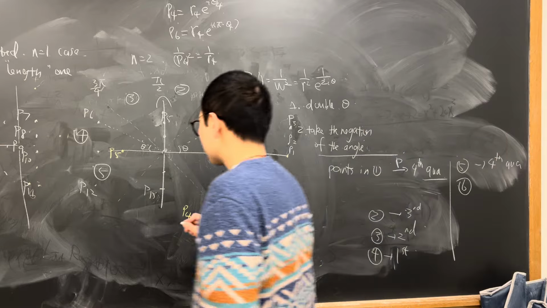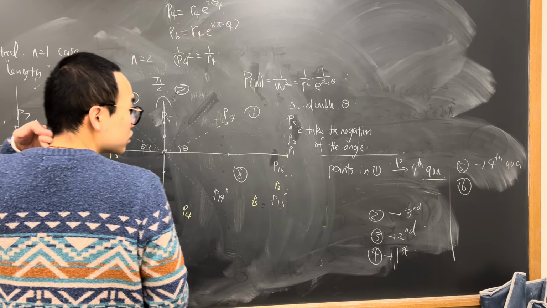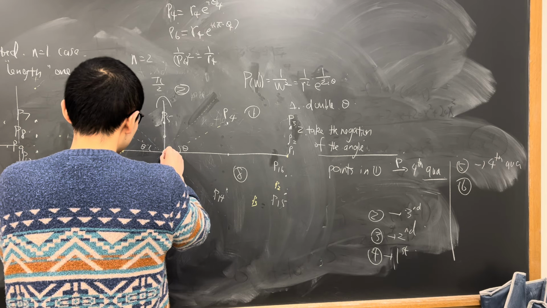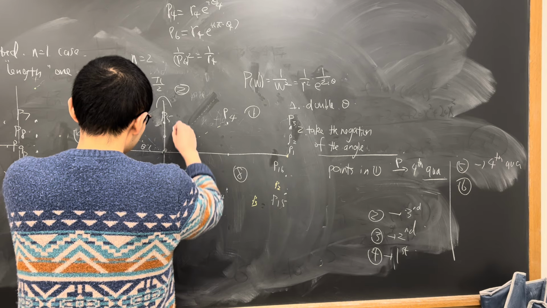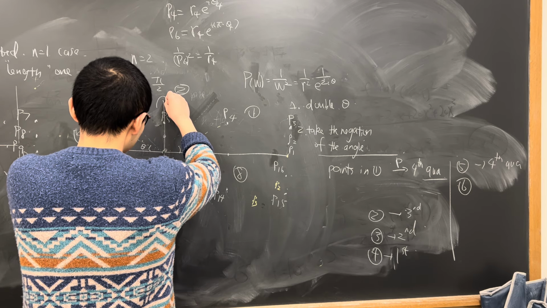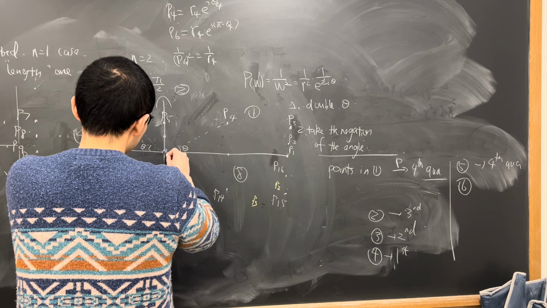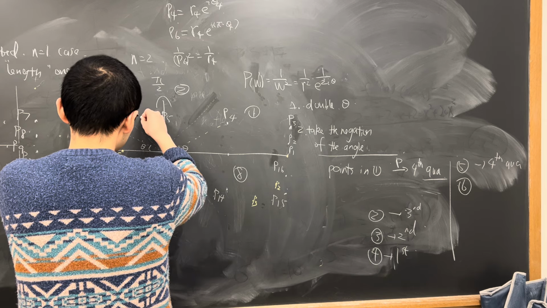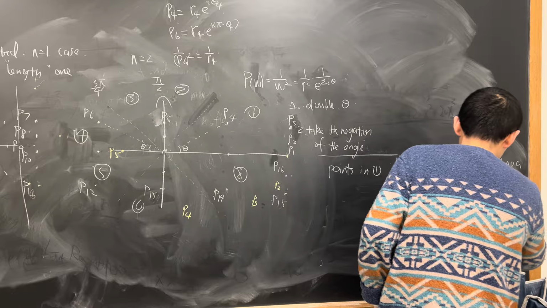And then 6. For 6, this one is here, and this one is here, and then you take the reflection, and it becomes the third quadrant.